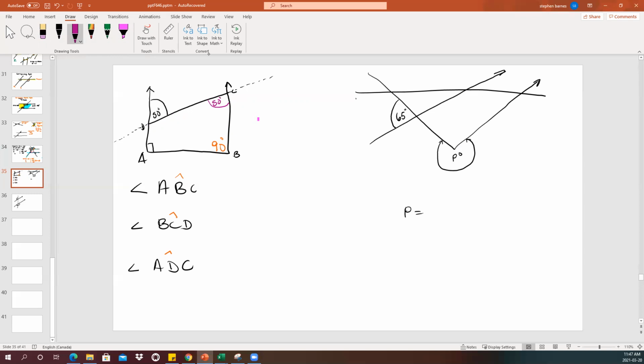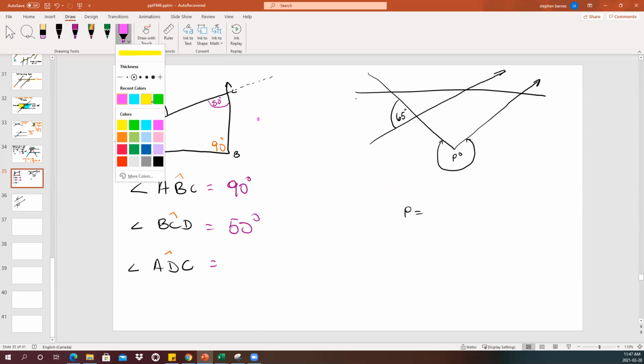All right, next one now. So that was 90. That was found to be 50. So let's see what ADC is now. ADC. So it's this angle right here. So we're going to use just the simple mechanics of saying ADC is on a straight line right here, right? We can see that, right? It shares a straight line angle with this 50 degrees.